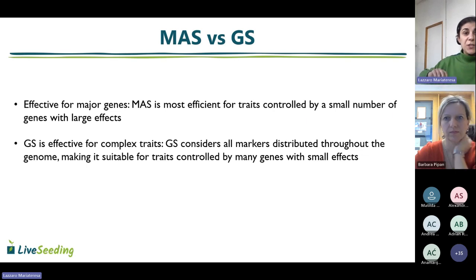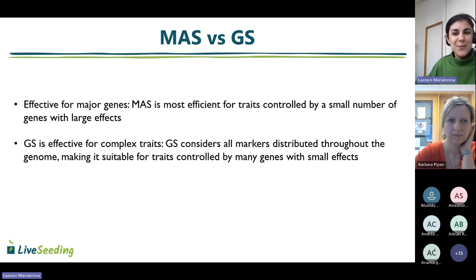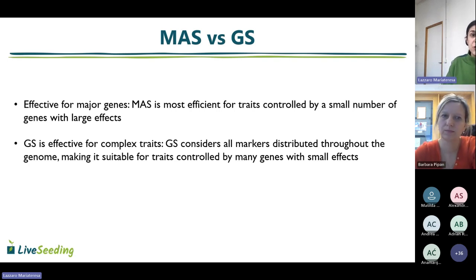The other question, especially for those of you who have followed the unit on marker-assisted selection this morning, is in which case one can use the methodology of marker-assisted selection in comparison with genomic selection.